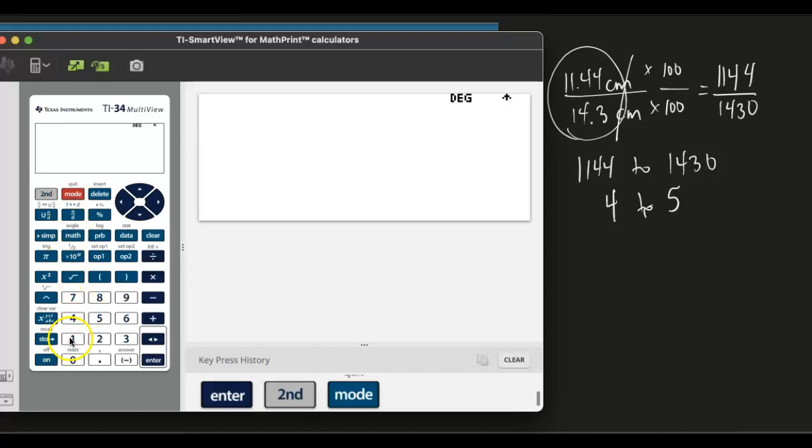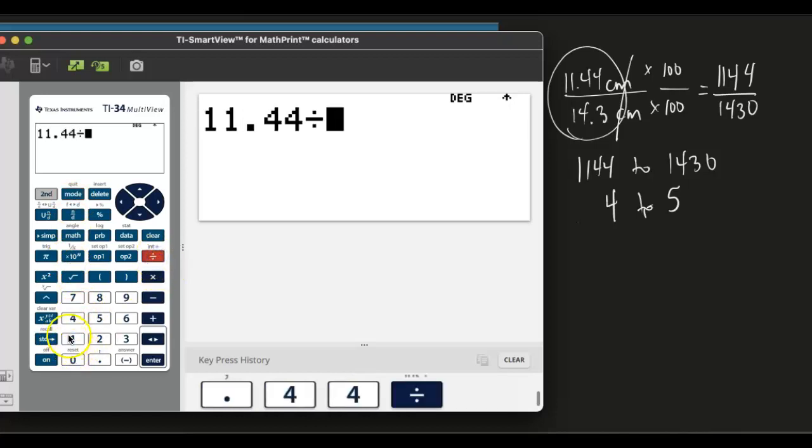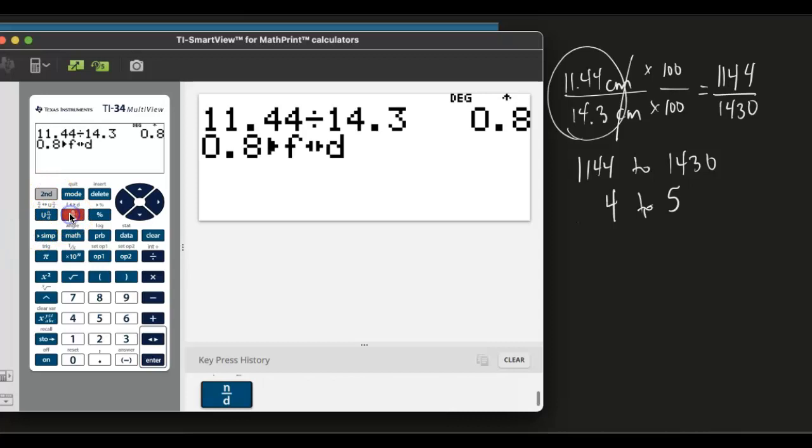And if I decided to repeat that operation of dividing these two diameters and then use the fraction to decimal or decimal to fraction key, notice that it automatically simplified it for me. So that's not a bad idea to change your mode to auto simplify, so then you don't have to do that additional step later on.